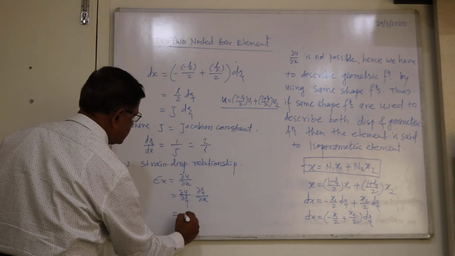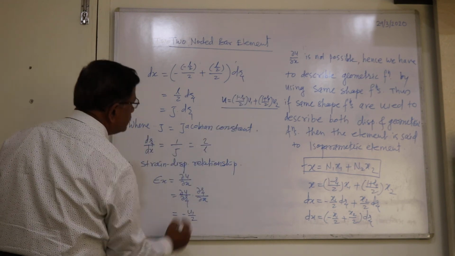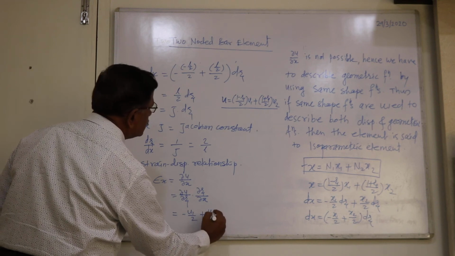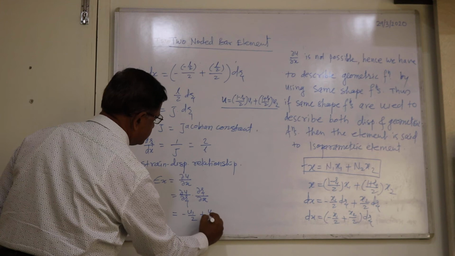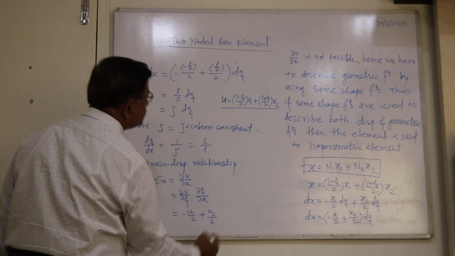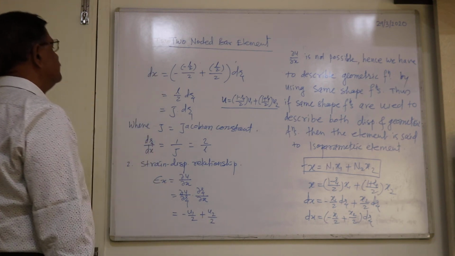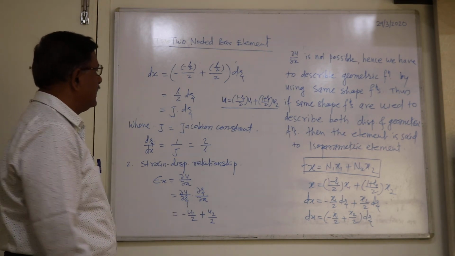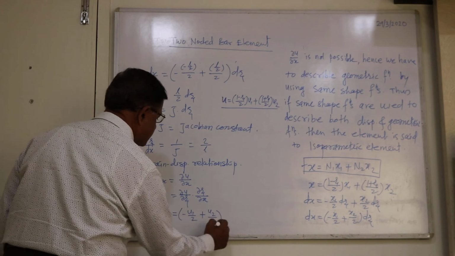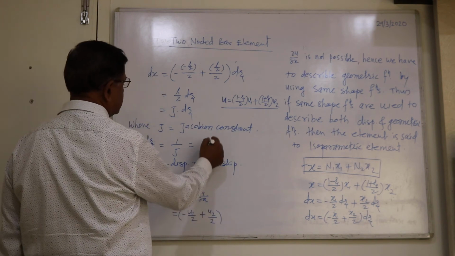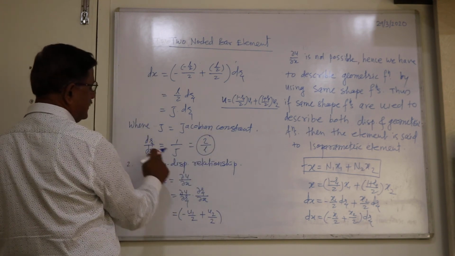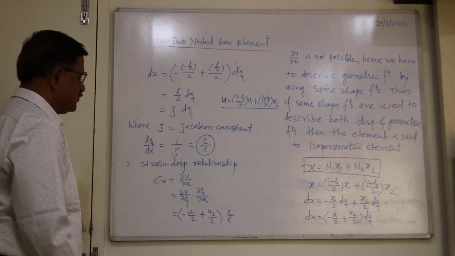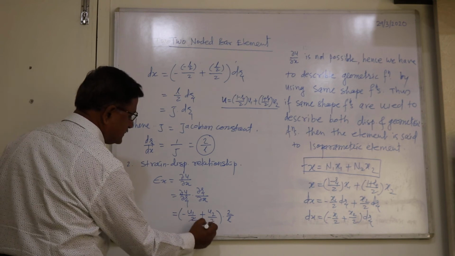So this is minus u1 by 2 plus u2 by 2, multiplied by dxi by dx, which is 2 upon L. Now we can cancel this.